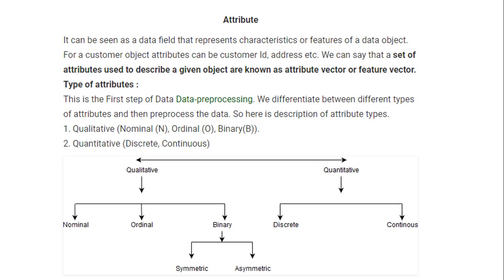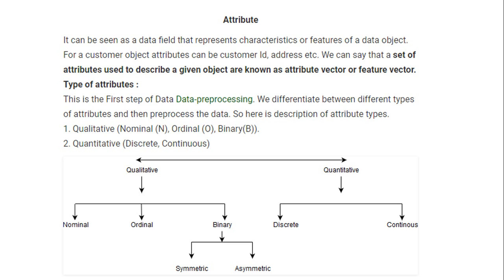Each represents some kind of category. It can be a code or a state. So nominal attributes are also referred to as categorical. The values do not have any meaningful order. So in computer science, the values are also known as enumerations.